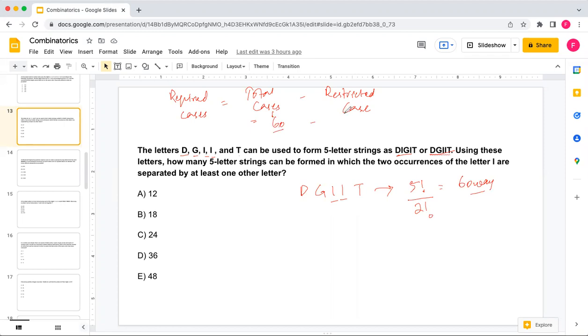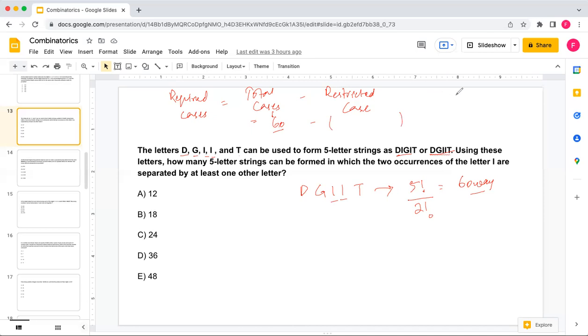But now we need to remove the restricted case. And what is the restricted case? The question is asking how many such strings are possible such that the 2 occurrences of the letter I are separated by at least 1 digit. The restricted case is that those are right together, right?